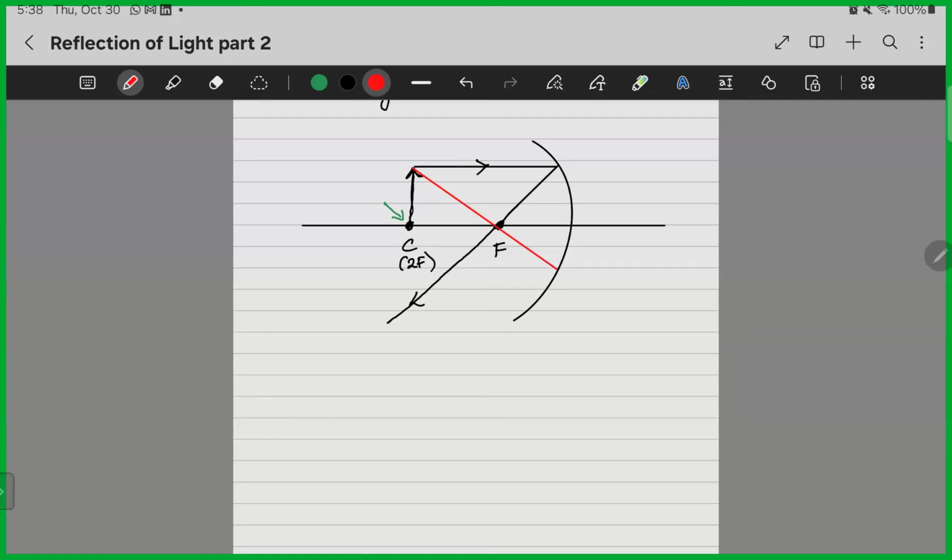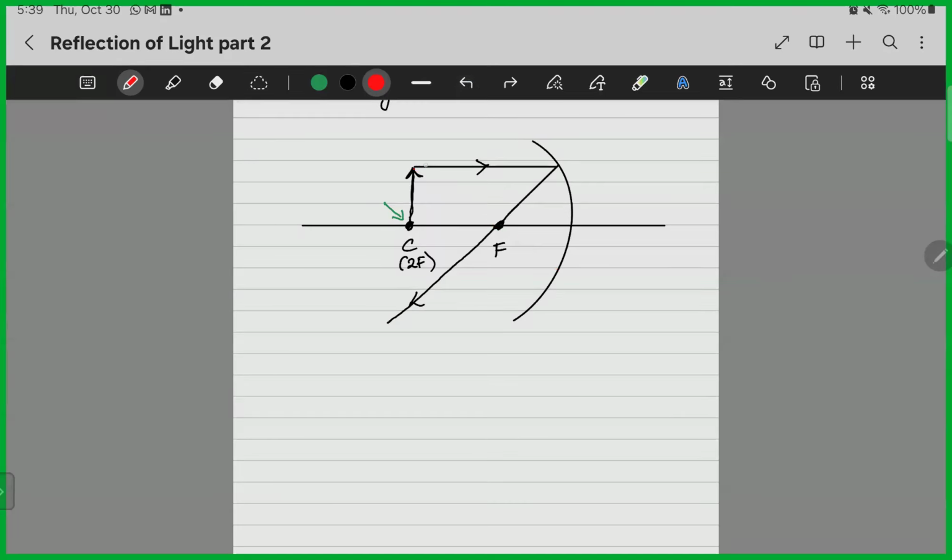Running it through F this time, it's going to bounce sideways. I'm running it like this. So for me, it's going to reflect this way, not back. If I did it properly, let me go back and do it.